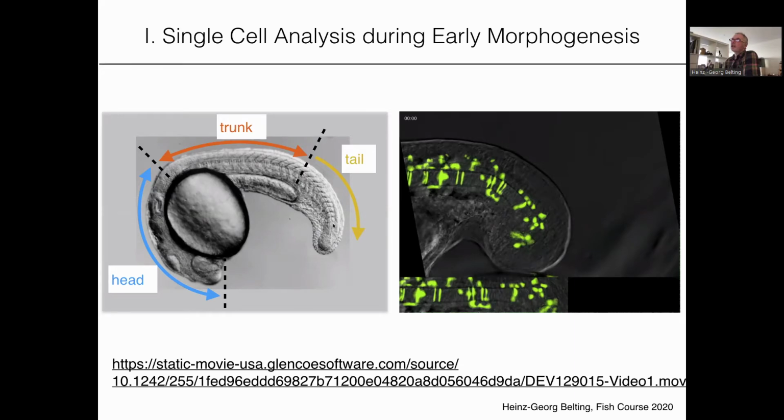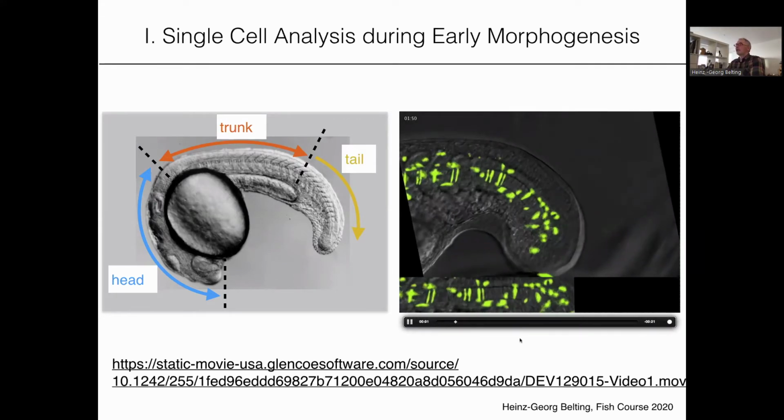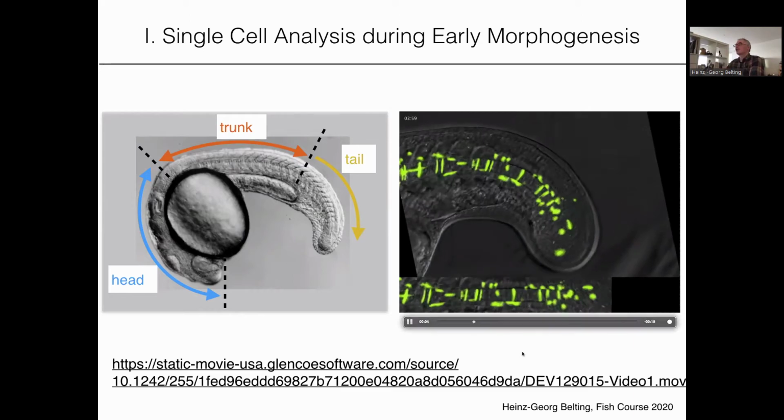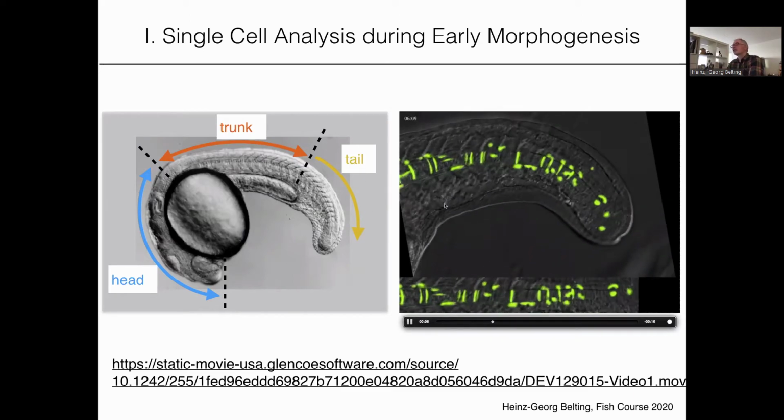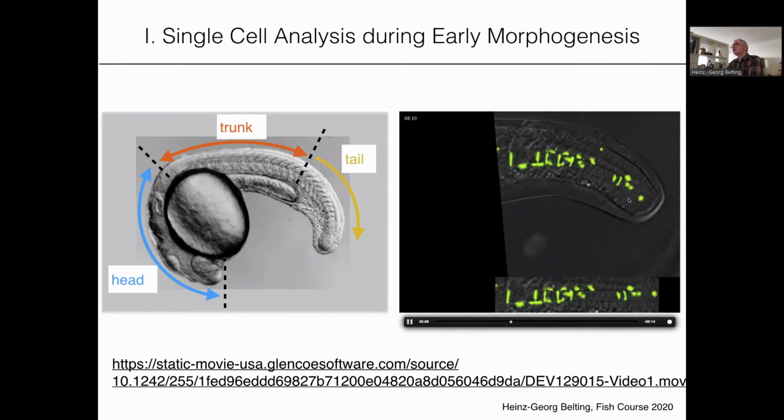and the tail. And here on the right-hand side, it was an embryonic manipulation. People have transplanted cells into the embryo, and they now follow here in the tail bud how cells are actually integrated into the different tissues. And that is shown here. So this shows you respective cells in the tail behaving here in the tail bud.